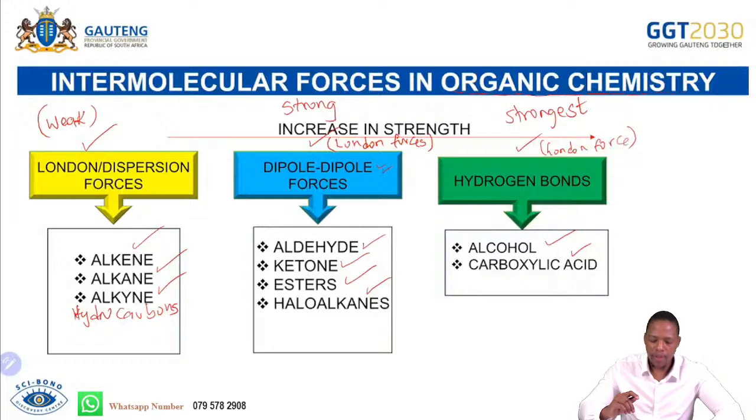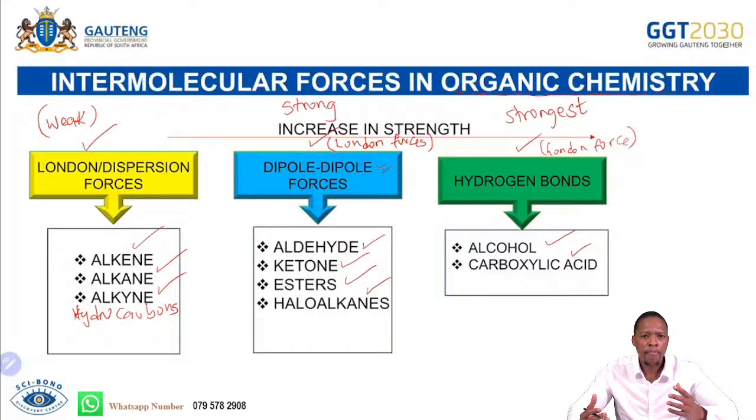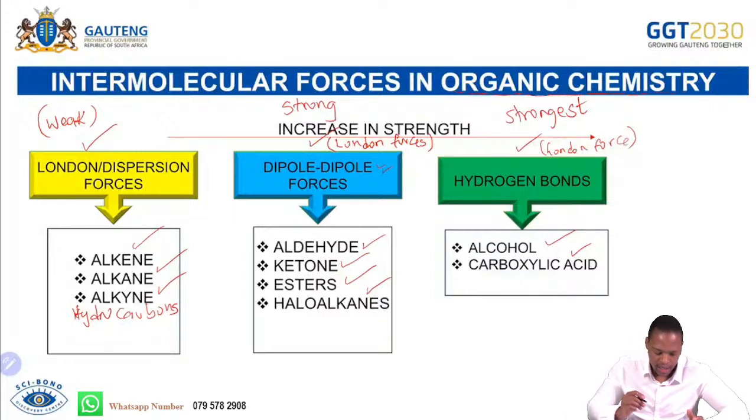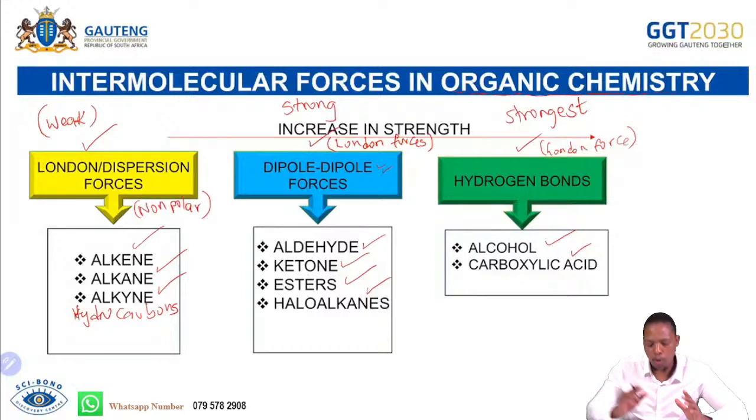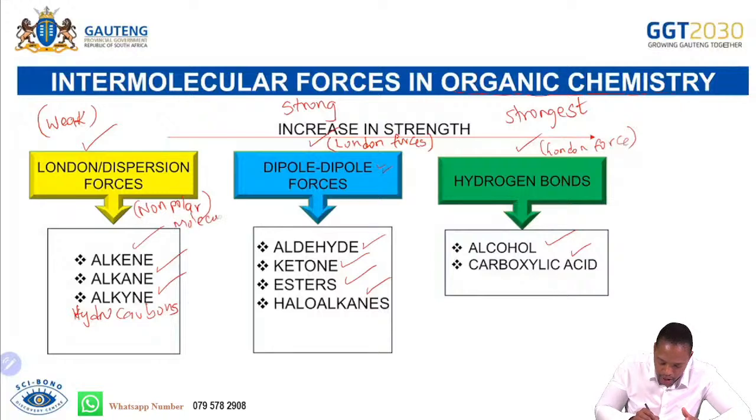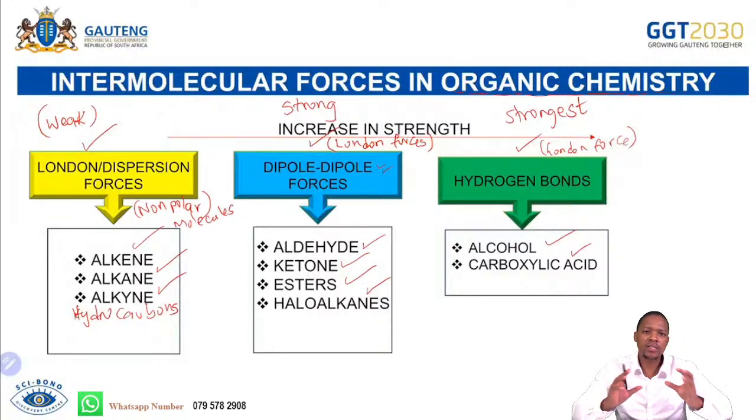Okay, here's something also that I want you to know, grade 12, that I'm also not going to go into deep details on, for reasons of scope, our scope as grade 12 learners doing technical science. I just want you to keep it somewhere in your head that all these compounds here, we say these are non-polar molecules.